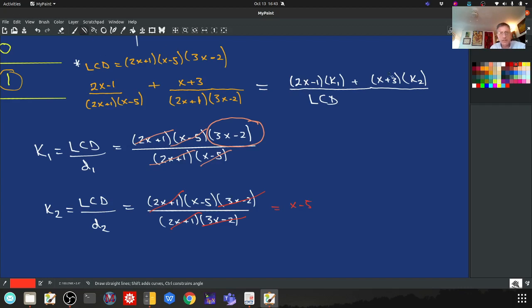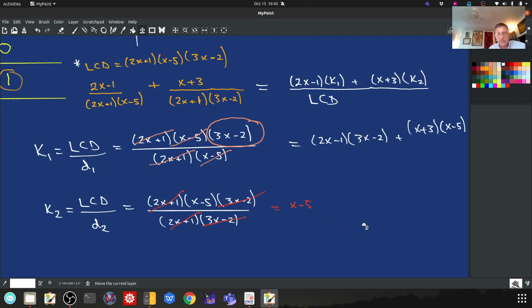So we're ready to go. So I have found my values of K1 and K2. So it's equal to 2x minus 1 times K1, which is 3x minus 2, plus x plus 3 times x minus 5, which is my K2 value, what I just figured out.